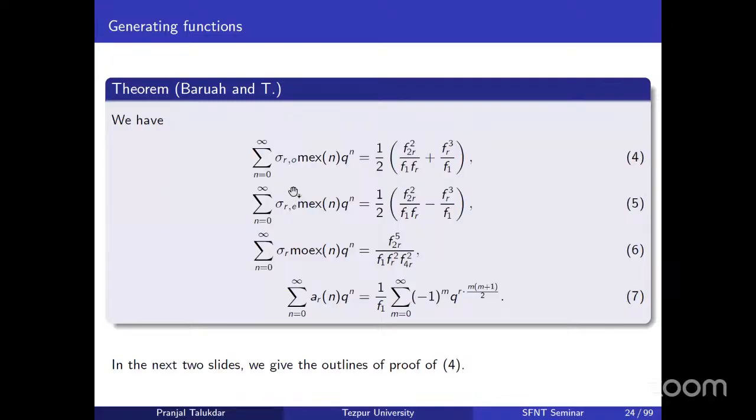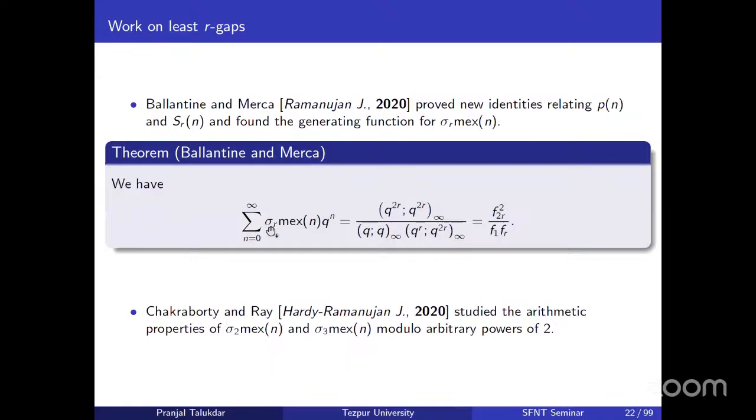Here we observe that if we add these two things, this and this get cancelled out, and this half and half gives f2r squared by f1 f1, and this leads us to this identity of Ballantyne and Merca.